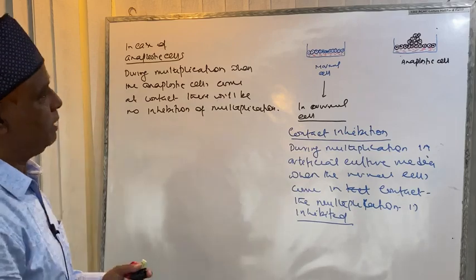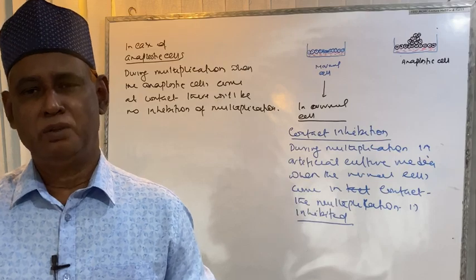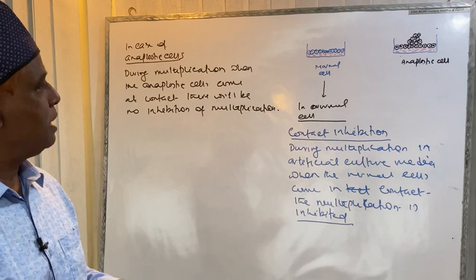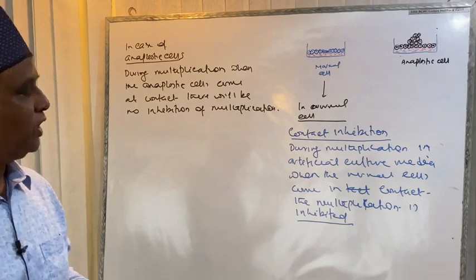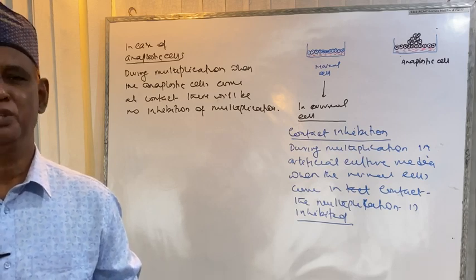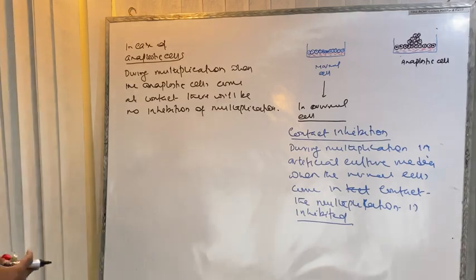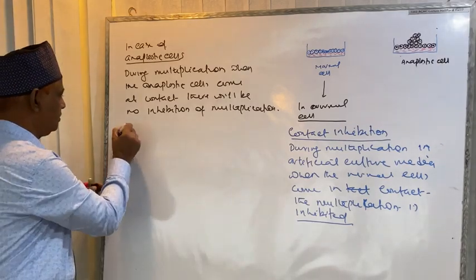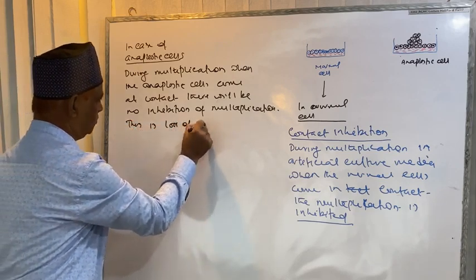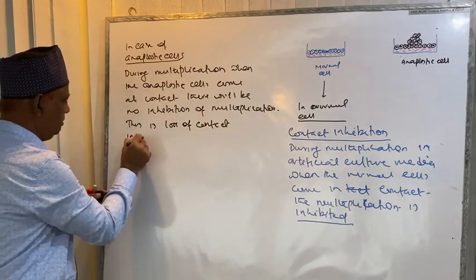So, in case of anaplastic cells that are allowed to grow in culture media, when the cells come in contact, there will be no inhibition of multiplication of the cells. This is known as loss of contact inhibition.